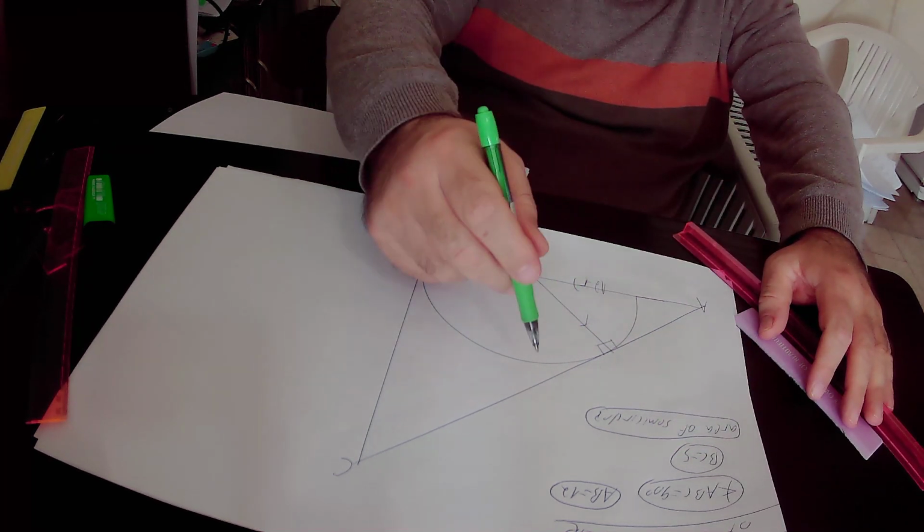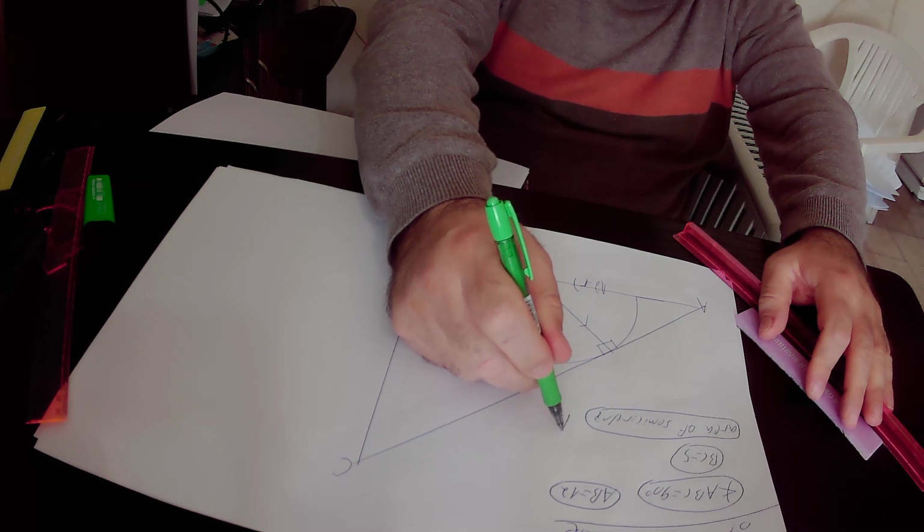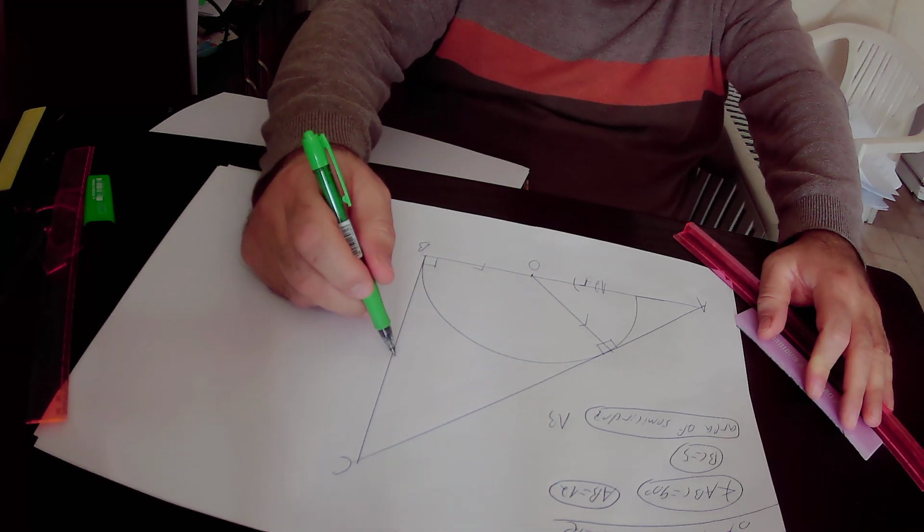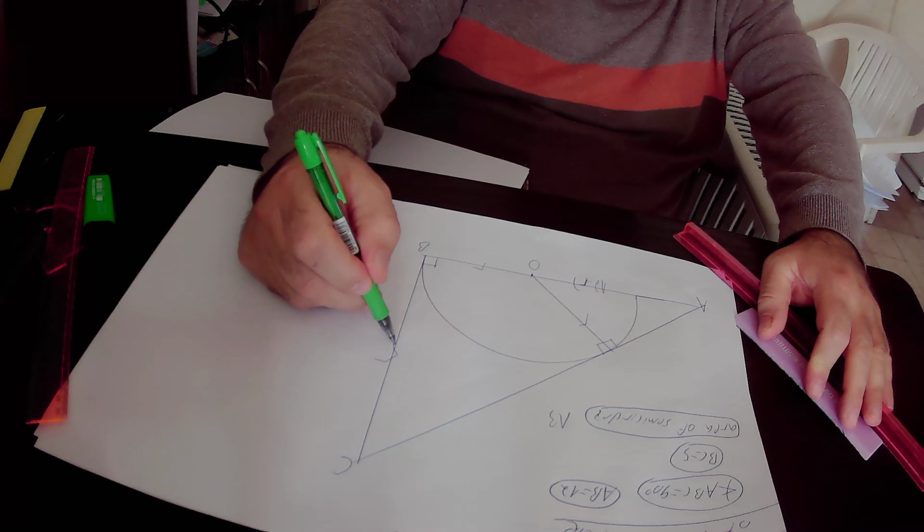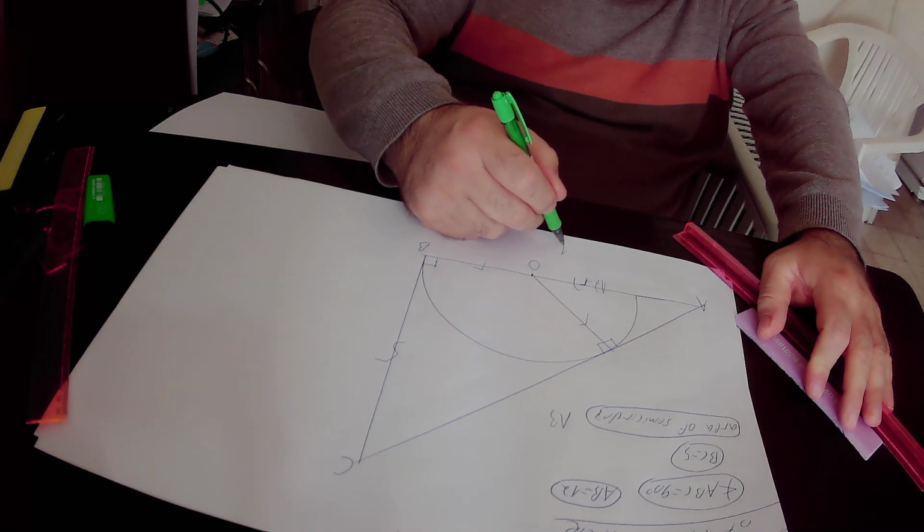We have already found out that AC equals 13 units, BC is 5 units and AB equals 12 units.